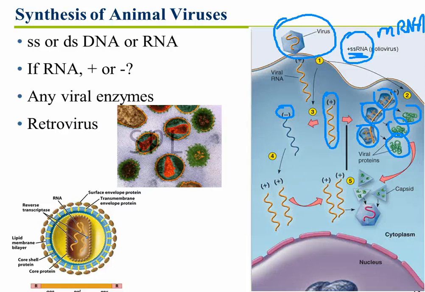So again, if you have an mRNA molecule right here, and let's say, just to make things easy, it is A, all the way down the strand, then the complementary strand of the minus RNA would be U, whatever.